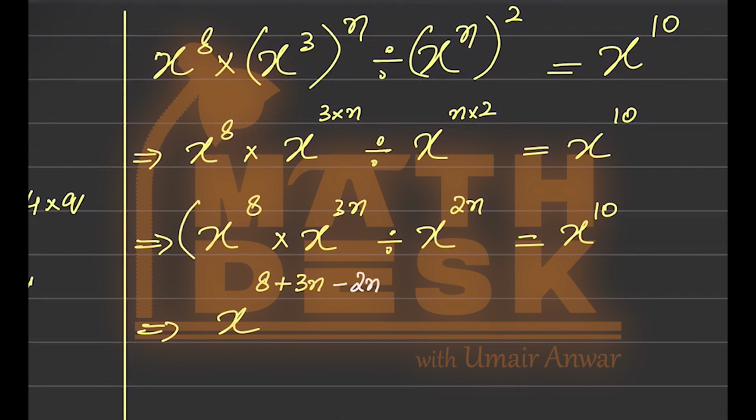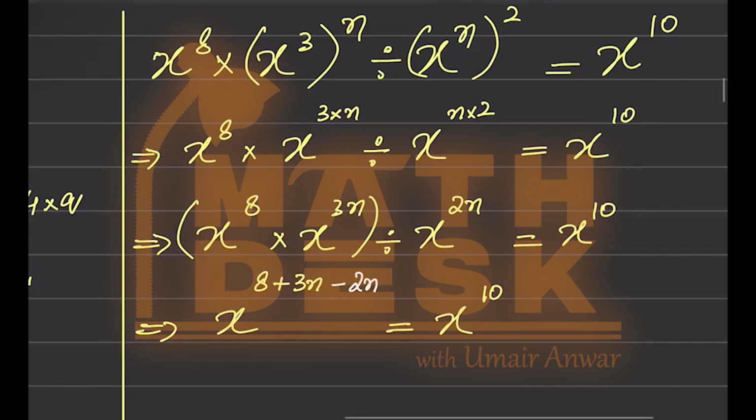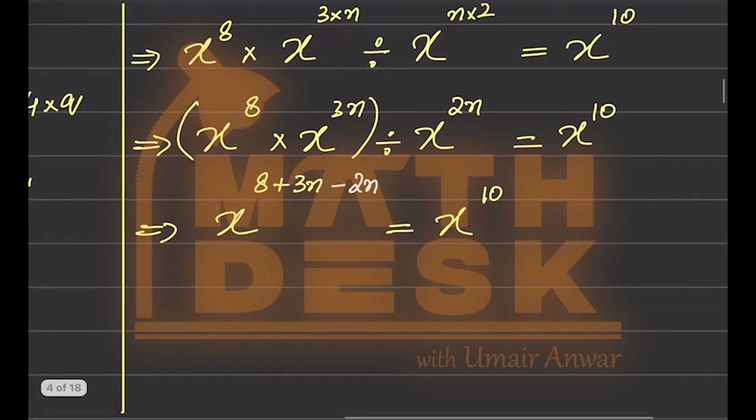So these two factors were being divided by the third one. So the factors which are written in the small brackets, I've added their indices, and then I've subtracted the index which was written over the base, because before that a division was written. This whole is equal to x raised to 10. Now we have x raised to 8 plus n after simplification is equal to x raised to 10.